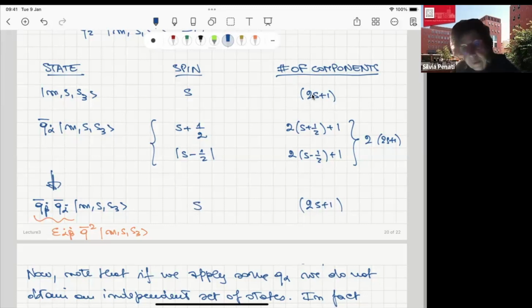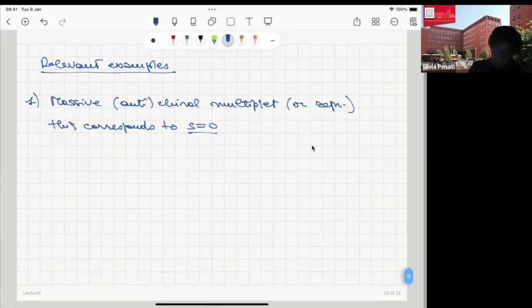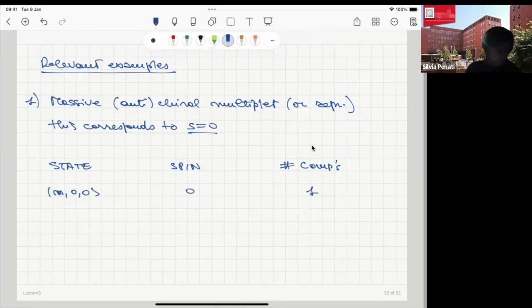The number of components in this case becomes kind of trivial because s is equal to 0. So in this case, my table of state, spin, and number of components becomes: the state is still m, 0, spin 0, and we have one component.